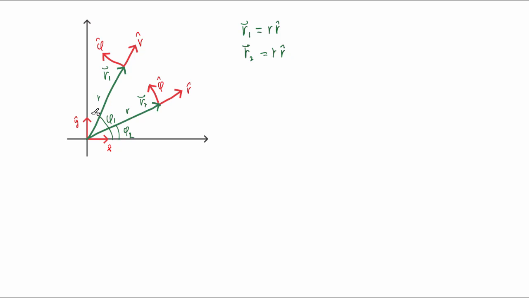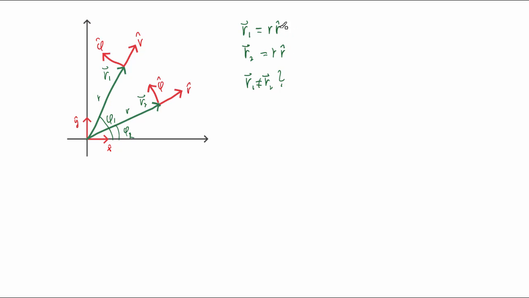But at the same time, we can see very clearly that r1 is not the same thing as r2. So how does that work out? How is that possible? We have the same expression for both of them, yet the two vectors are different. What we haven't taken into account is the fact that r hat depends on phi.